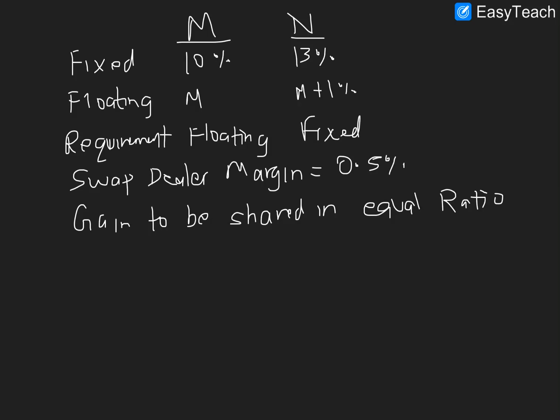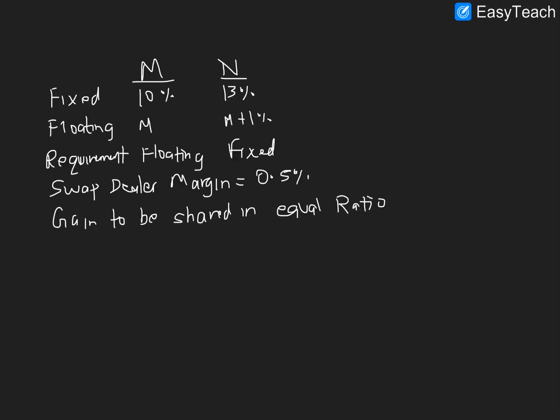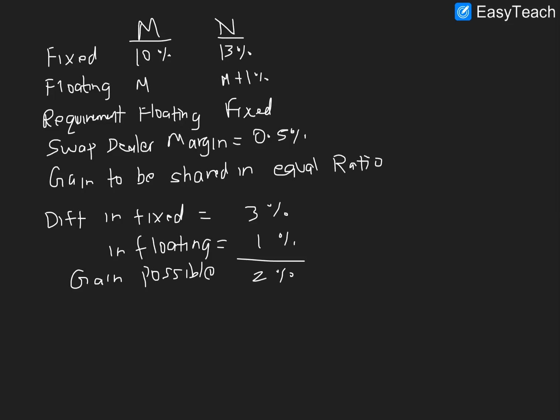So how do we do it? Here we know how to work this out. First we take the difference. We say difference in fixed is 3%, difference in floating is 1%. So gain possible is just 2%, but out of that 0.5% is the dealer's margin.